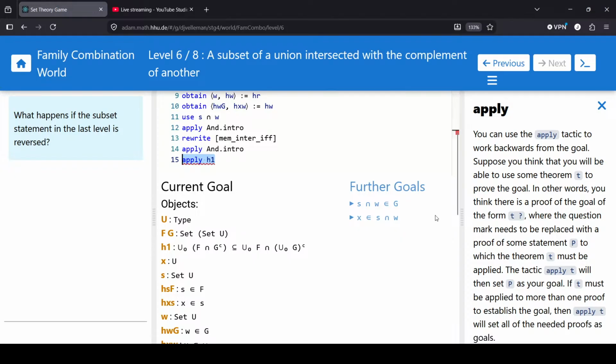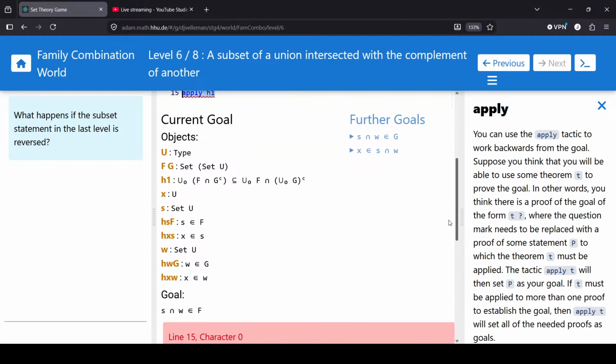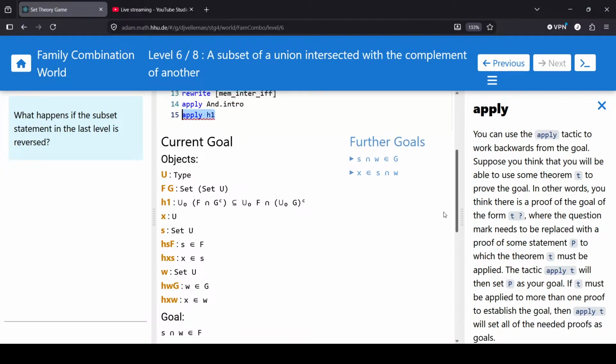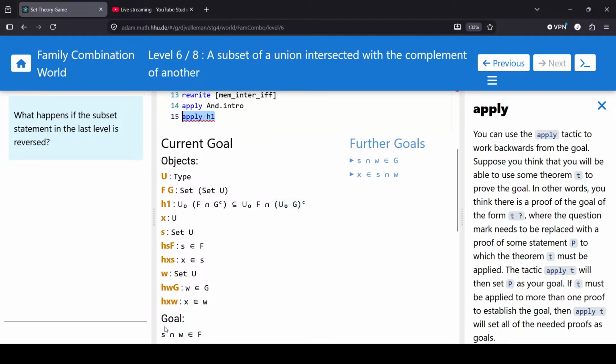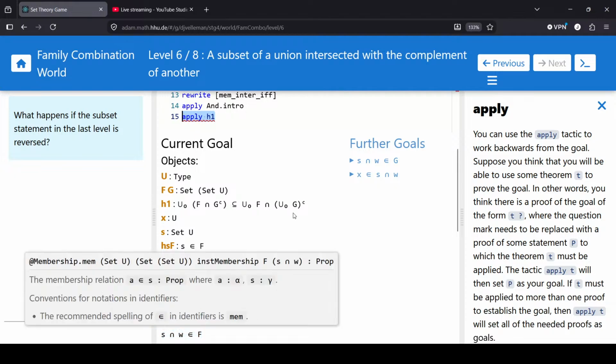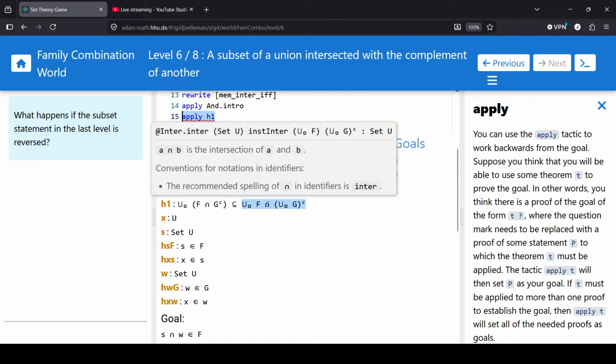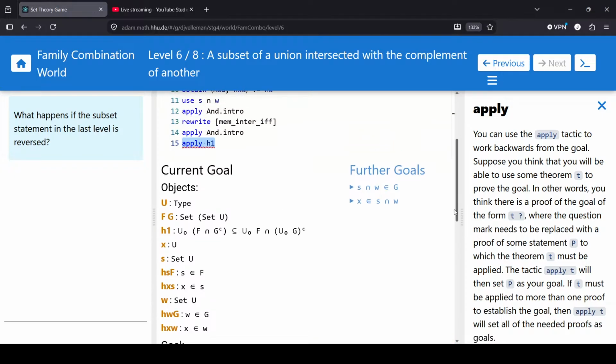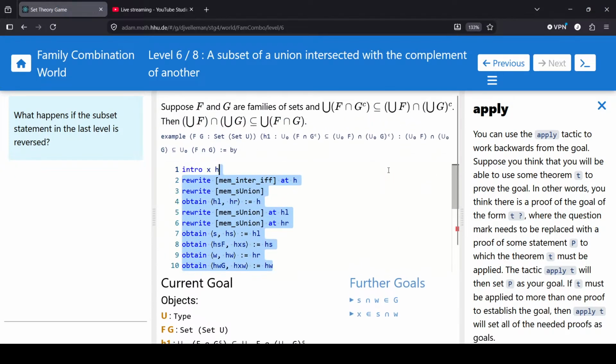Yeah, this is not quite gonna work though. So if I could massage my output, my goal to work to look like this, then we could use apply, probably. Because like we haven't used H1 yet. That's just been floating here the entire time.